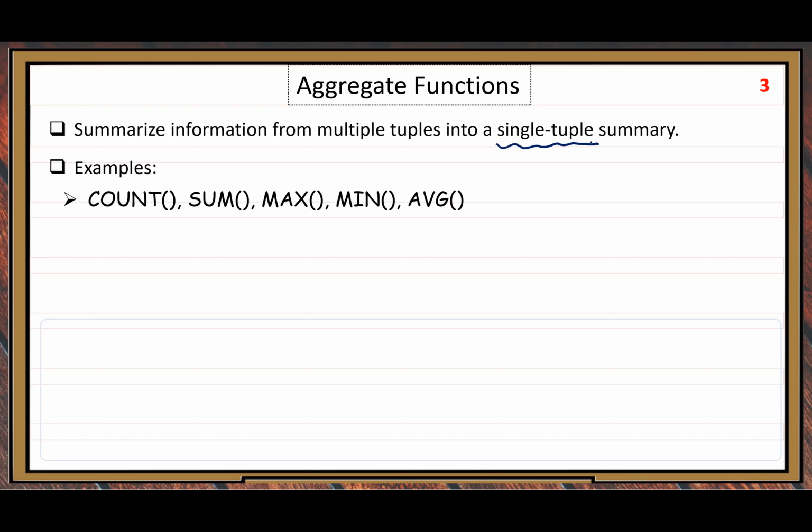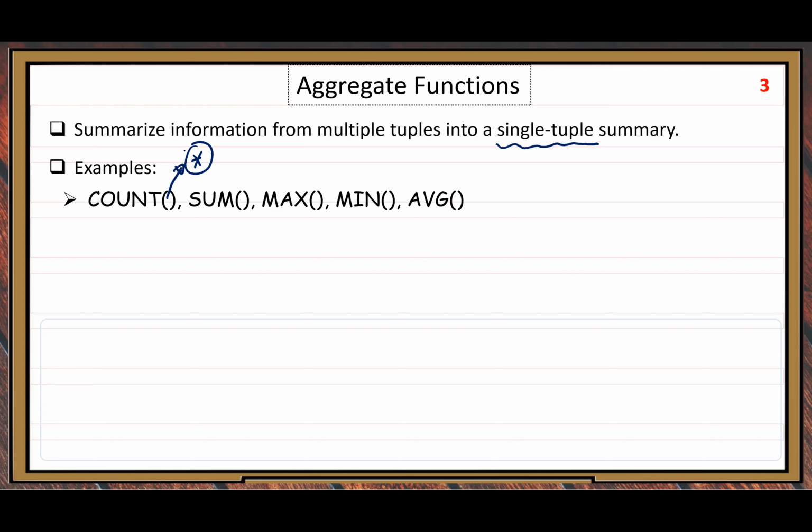You do not need to specify which column, because you count the number of rows in a given table. In that case, you use the star. You don't need to specify which field you want to count against.